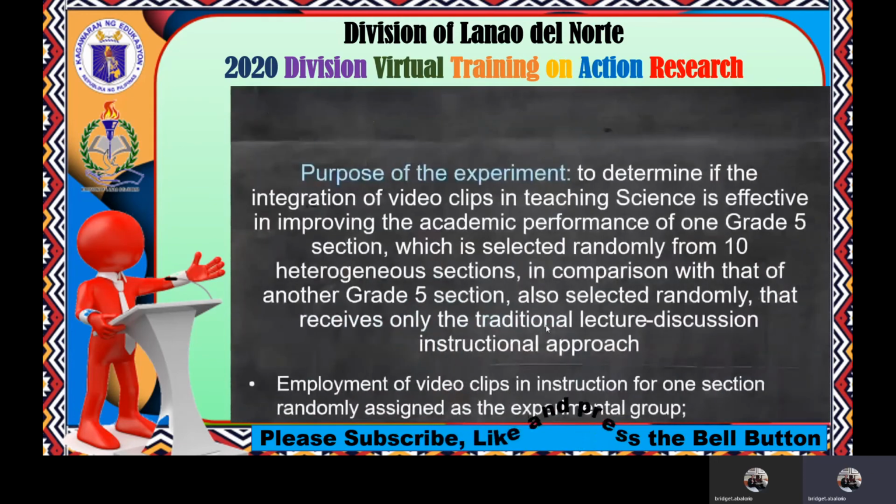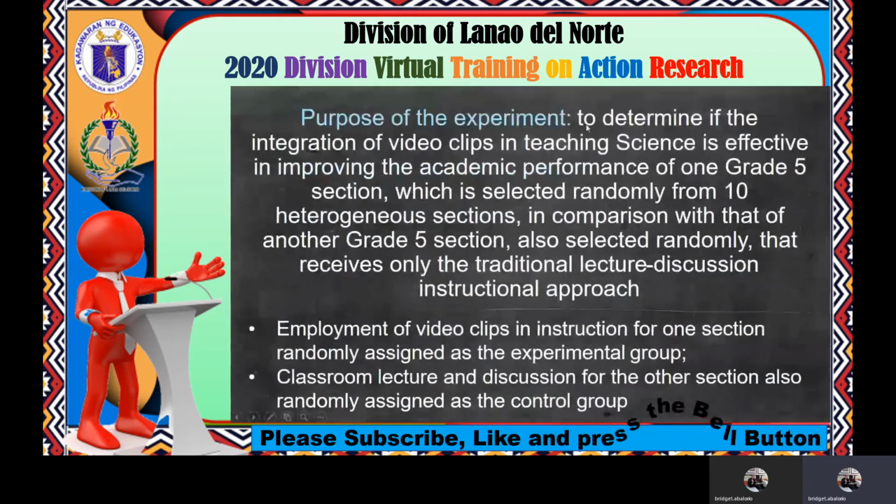Next, the purpose of the experiment is to determine if the integration of video clips in teaching science is effective in improving the academic performance of one grade 5 section, which is selected randomly from 10 heterogeneous sections, in comparison with that of another grade 5 section, also selected randomly, that receives only the traditional lecture discussion.